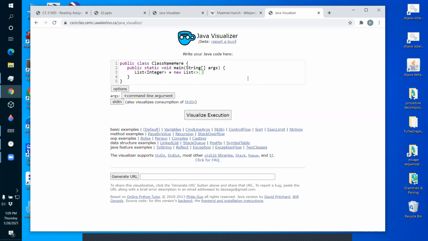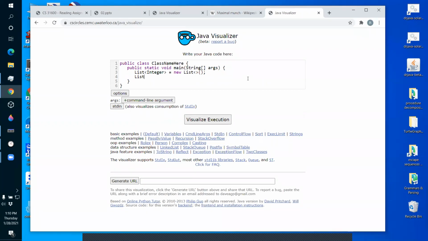There's an empty list of integers. What if I want a list of lists of integers? List of list of integer, close one list, close another list, equals new list.